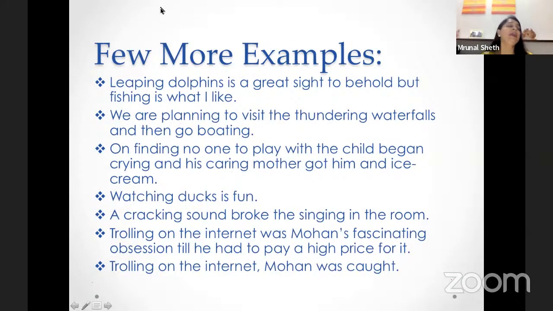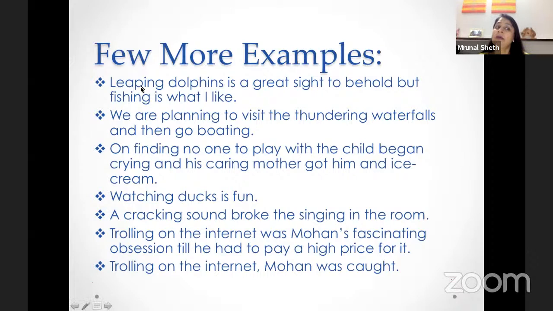Just hold on. Okay, there are a few more examples to help us learn, so I've put all of them together, right? Leaping dolphins are a great sight to behold, but fishing is what I like. So here, leaping dolphins. What kind of dolphins? Leaping.